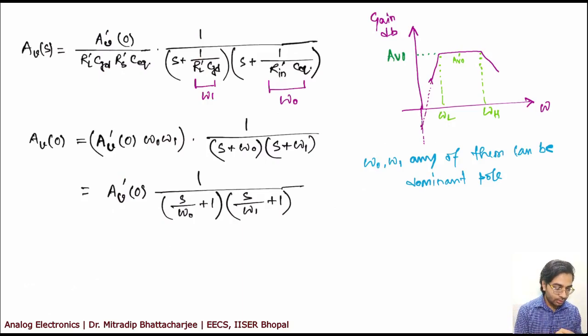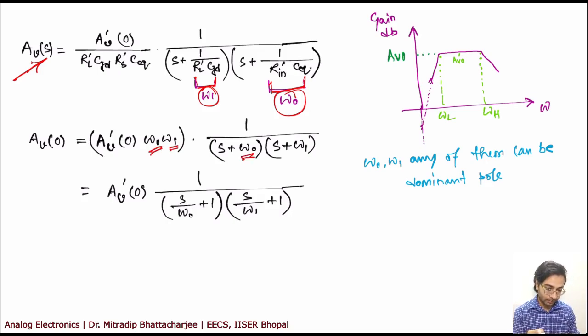Now this is the expression that we received in the last slide. So if you consider this part as omega 1 and this part as omega 0, this RL' CGD is omega 1, Rin' CEQ is omega 0, then it will come Av0', which is omega 0 omega 1 by S plus omega 0 into S plus omega 1.